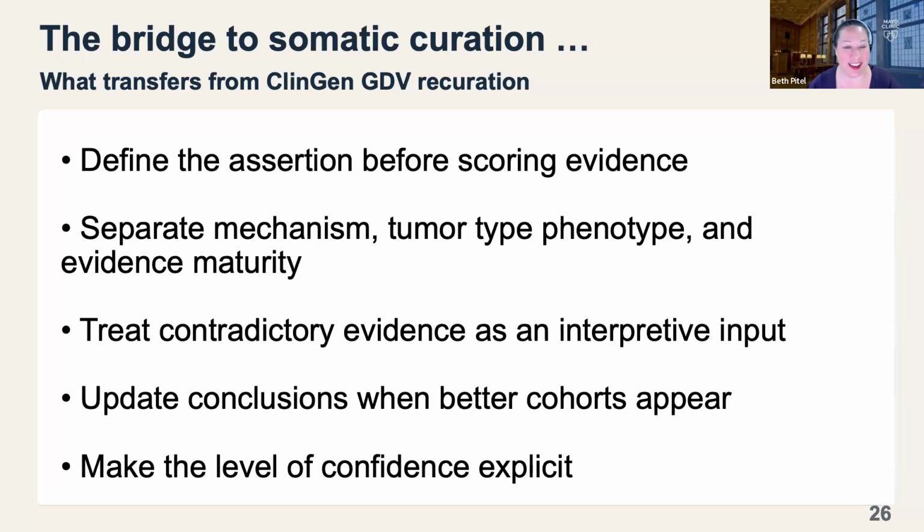So it might be a good opportunity to look at the criteria we're using, look at the criteria ClinGen is using, maybe align a little bit, and then we can have joint standards on somatic curation at the gene level.